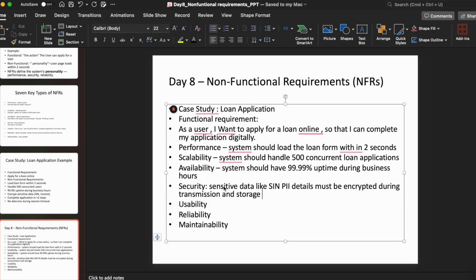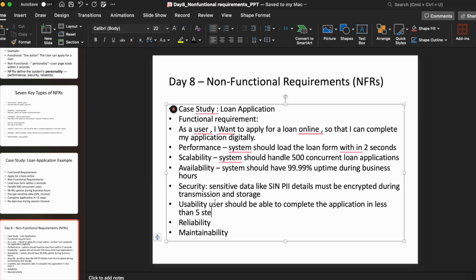Usability, same example we can take. User should be able to complete the application in less than 5 or whatever steps you need. Okay. For the reliability, system must not lose data if the user session expires. It should persist. Okay. Maintainability.